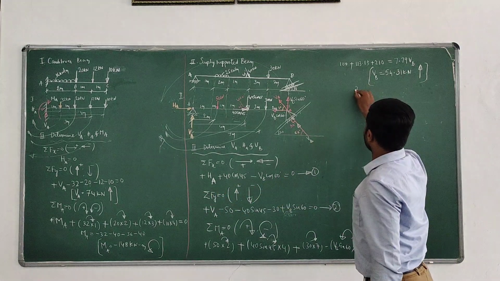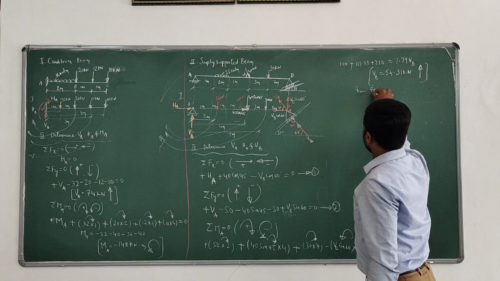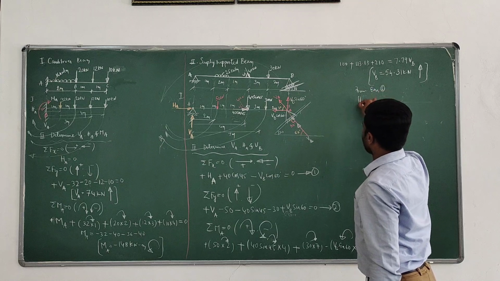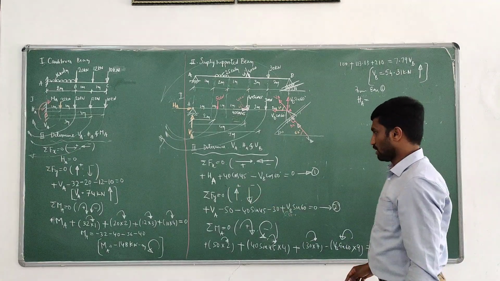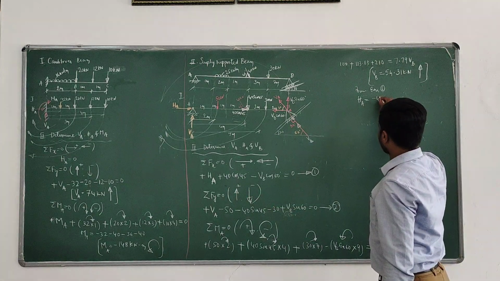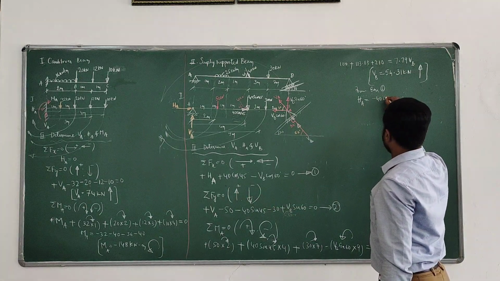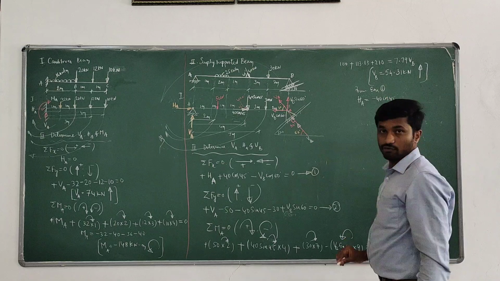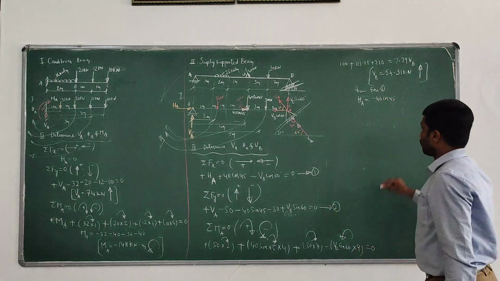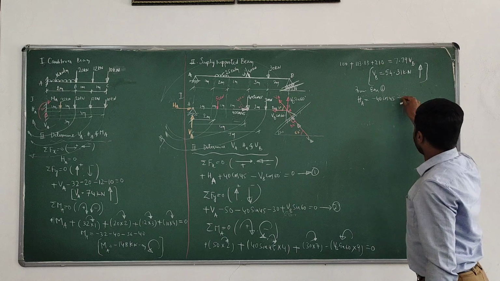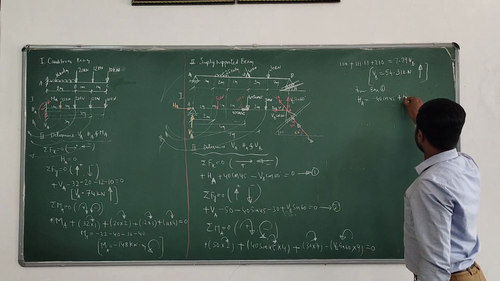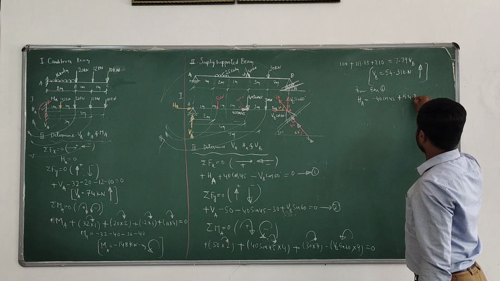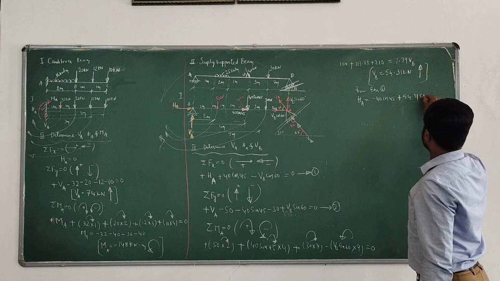From equation 1, HA equals minus 40 cos 45 minus 40 cos 45 plus VB cos 60, that is 54.31 cos 60.